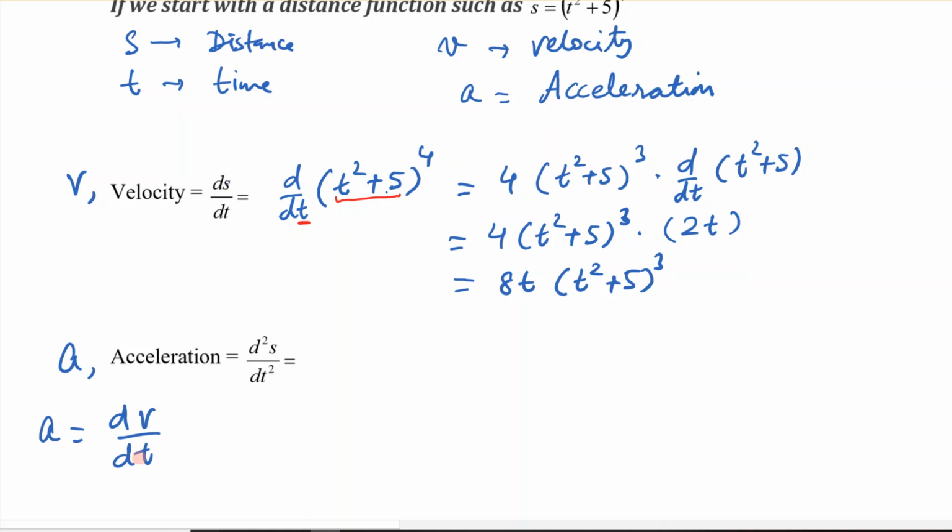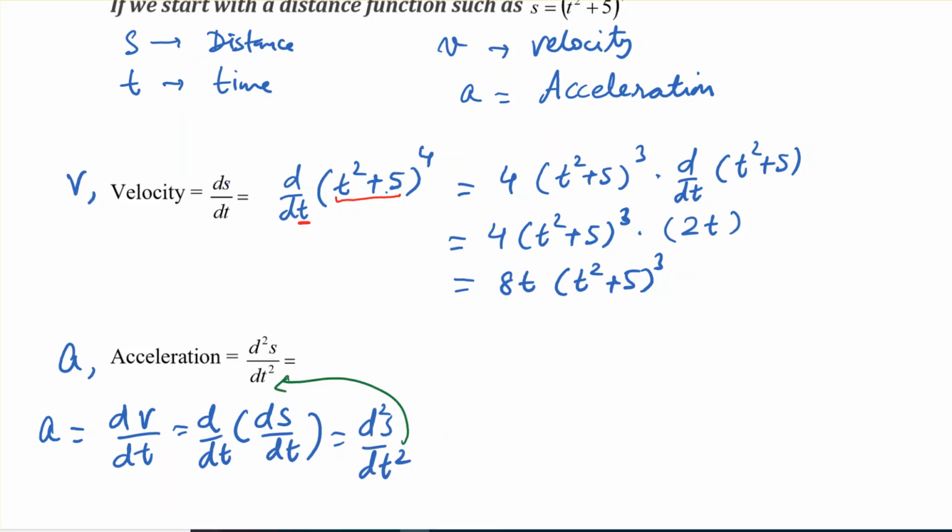And next, if we want to find the acceleration, acceleration is change in velocity over time, which is dv over dt. Since we already know that v is equal to ds over dt, that's how we get that acceleration is the double derivative of the distance function. So in order to find the derivative of velocity, that will give us acceleration. In this case, we can use the product rule.